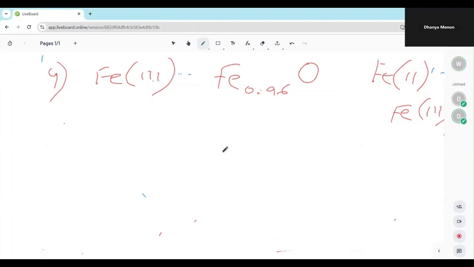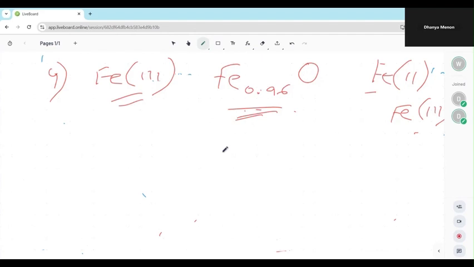So you have to find the fraction of Fe3 in this particular compound, iron oxide, and this iron is made up of Fe2 and Fe3. Okay, and Fe 0.96 is the total amount of iron that's present. And this 2 and 3 refers to the charges.